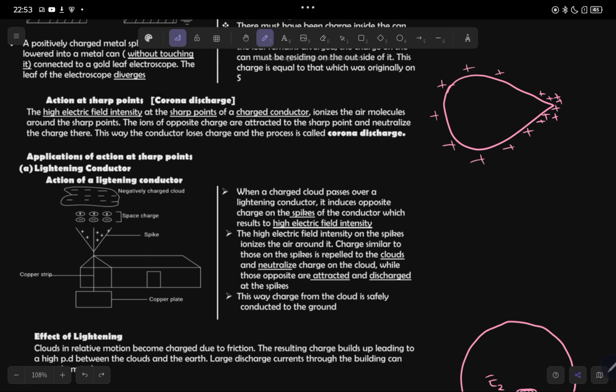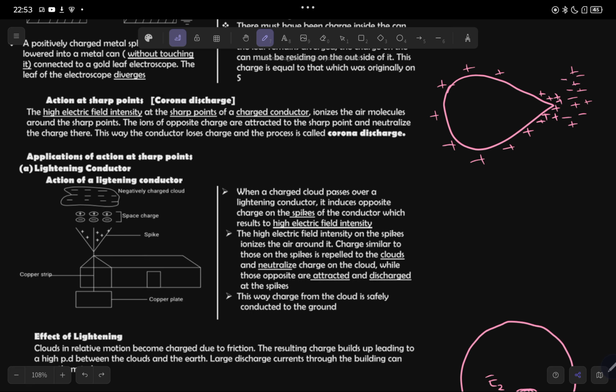Now, the high concentration of charge, or the high charge density at the sharp points of the conductor, will cause the air molecules around this sharp conductor to become ionized into ion pairs, negative and positive. So the high electric field intensity at the sharp points of the conductor will cause the air around to break down into positive and negative ions.